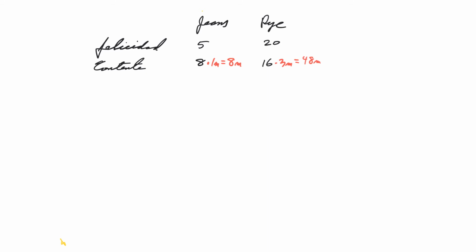And Felicidad uses 3 million hours of labor per month. This is per month now. So to produce jeans, and that is 15 million jeans.